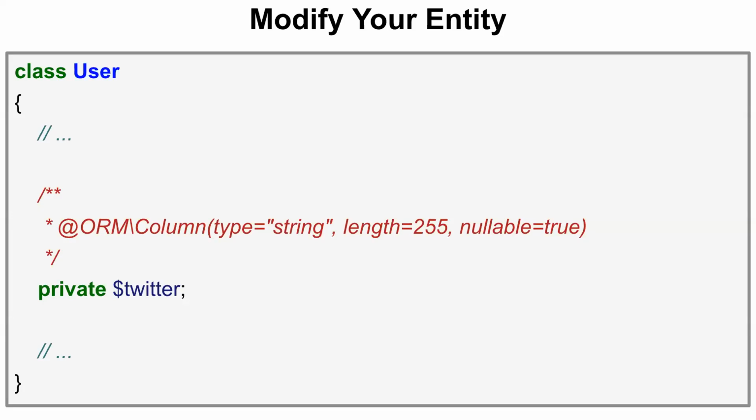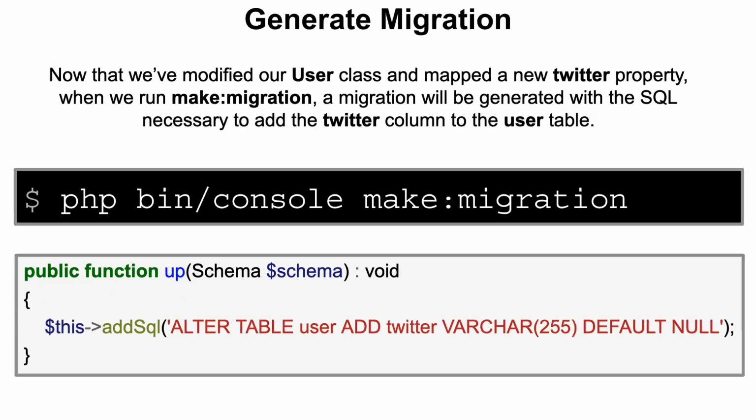So you'll see that now I have this new column called twitter in our entity. But now we have this column in our entity, but we also need to make sure that it exists in the database. So if you run make migration, it will actually compare the current state of your database schema to the schema that would be produced by all of the entities and the mapping information defined in those annotations.